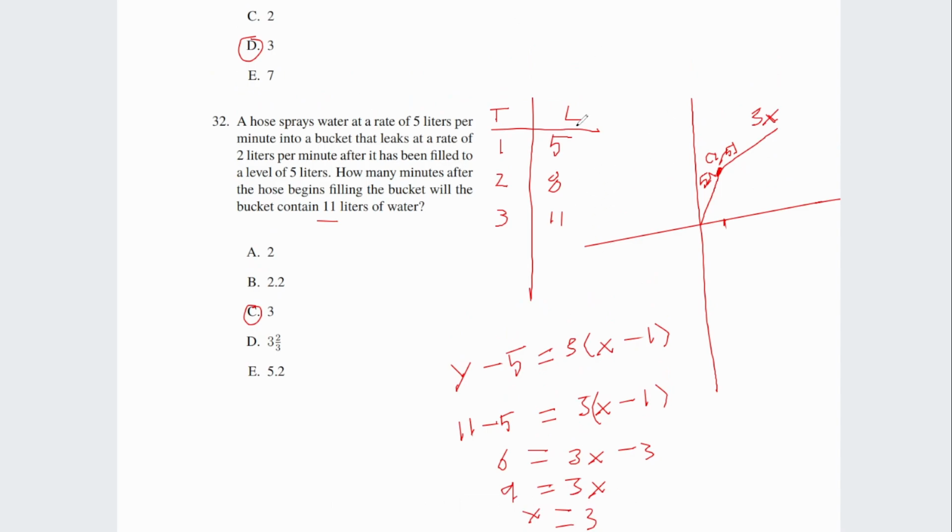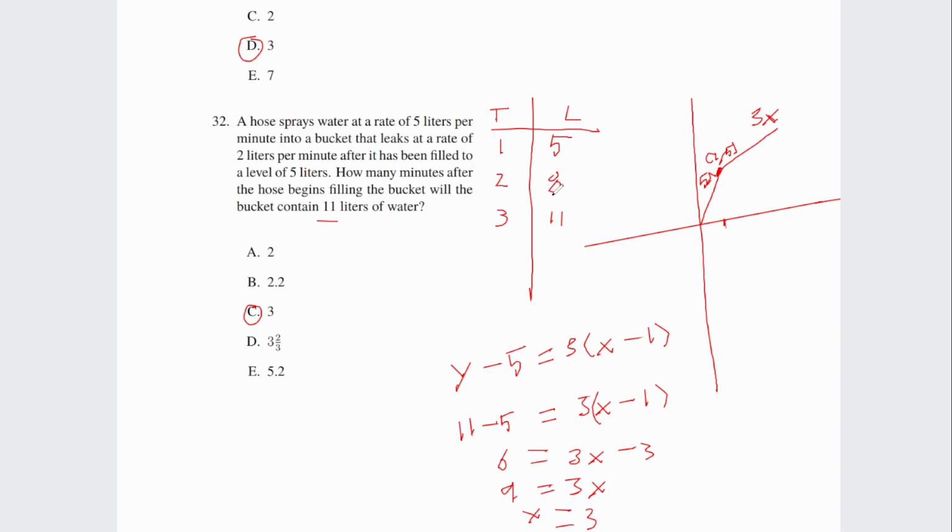This table form is fast, but obviously if you don't end up with a whole number, it's going to be a little bit slower. On the other hand, suppose this question said 9 liters of water, how many minutes does it take to get to 9 liters of water?